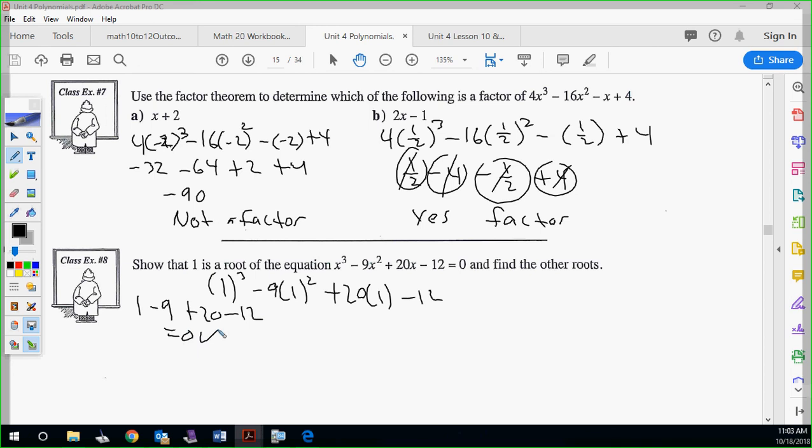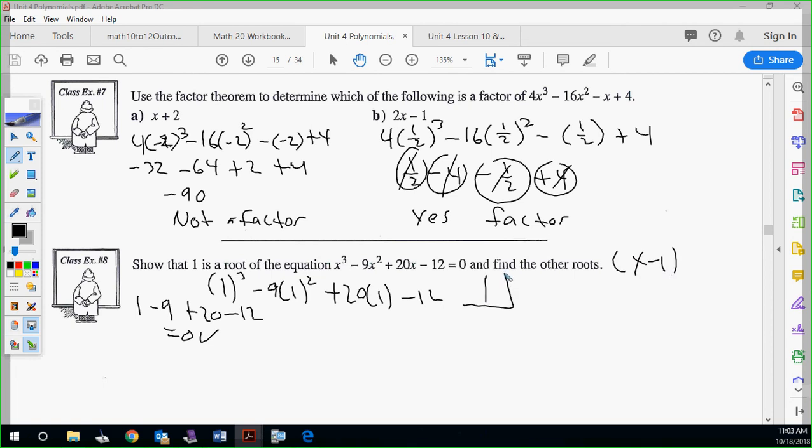How can we find the other roots without just using our calculator or anything like that? Synthetic division. Divide that 0 out. See what's left. Okay, so take that 1. Remember, it's a 1, so what's that factor though? X minus 1, right? Some people put a -1 there because this was a positive 1.